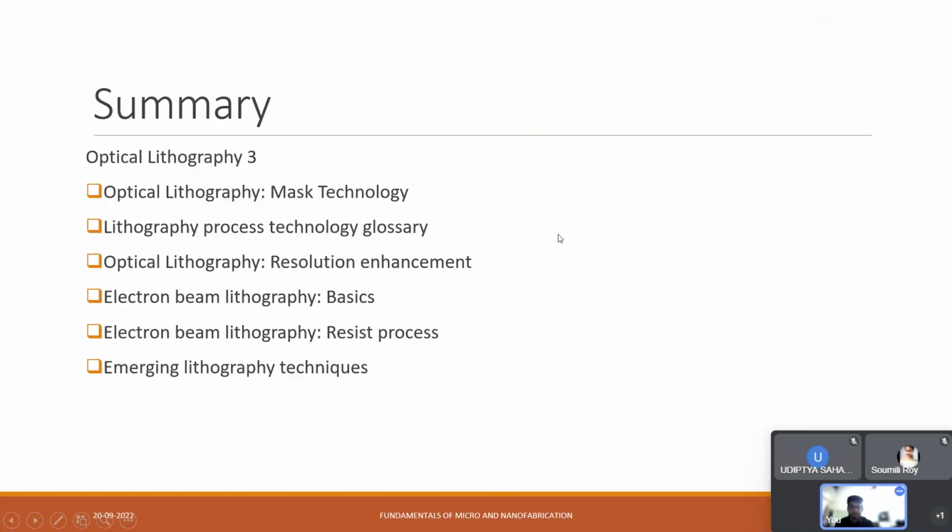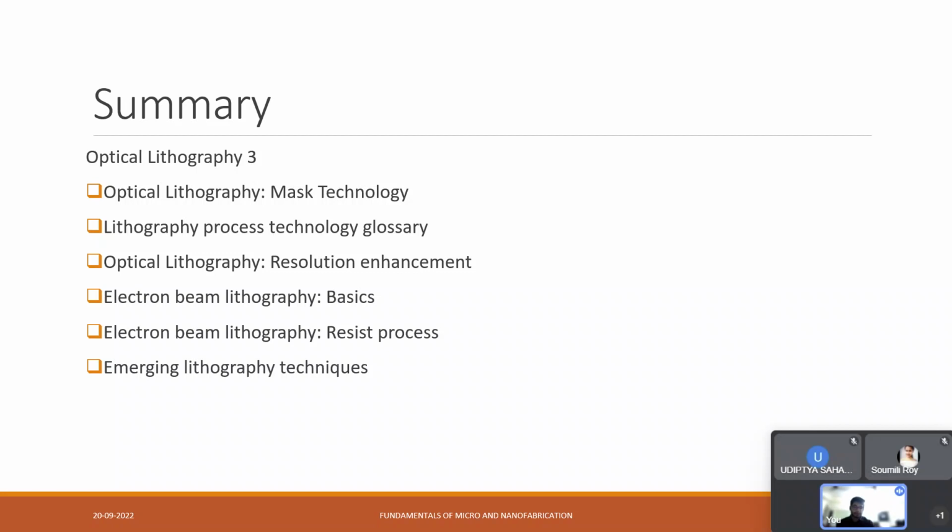The topic of week 8 of this course was a continuation of the optical lithography that we studied. The first part was on mask technologies, like how to make the mask. Then it was on the lithography process and some terms that we come across when we do lithography.